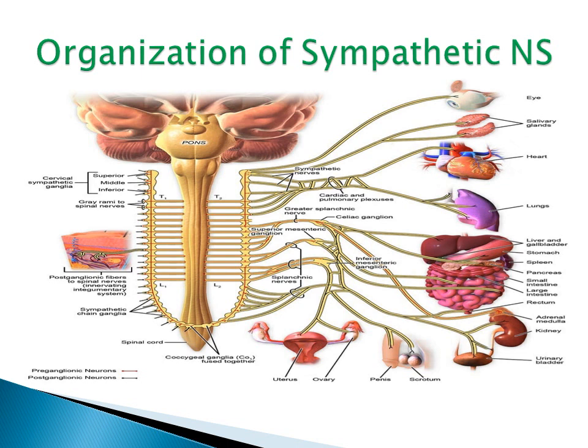Now move on to the thoracic sympathetic chain ganglion. The thoracic sympathetic chain ganglia correspond to the T1 to T12 segments of the spinal cord.